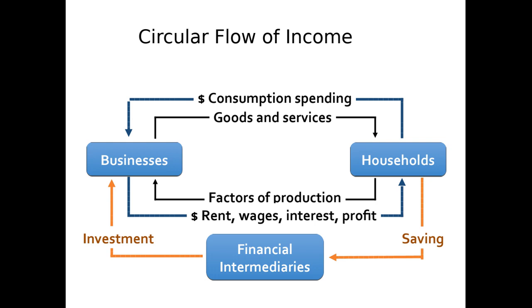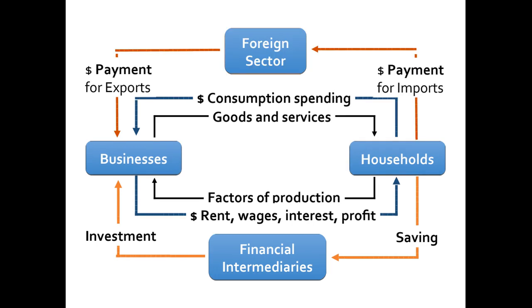Then there's another factor. These households are, yes, spending money buying goods and services. Households at the same time are saving money with the banks. Households are also spending money buying imported goods, not domestically produced goods that these domestic producers are producing.